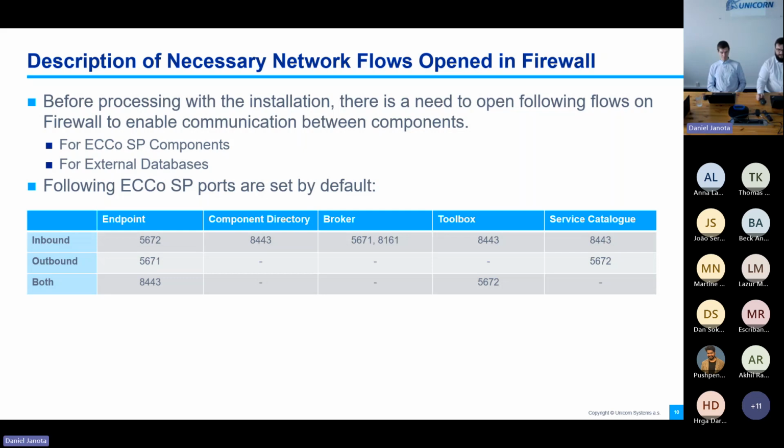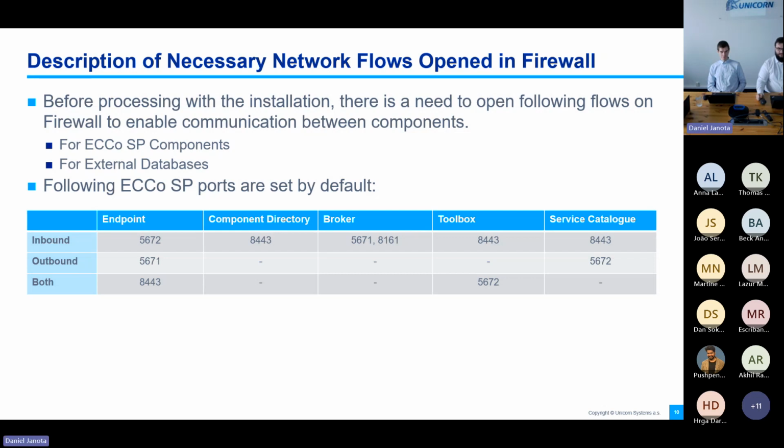For the EDX Toolbox, only an inbound connection to port 8443 is needed, again used for web services, the default pull interface, and the graphical user interface. And then for both inbound and outbound connections, port 5672. This one is again used for communication with the ECP endpoint for messaging and so on.